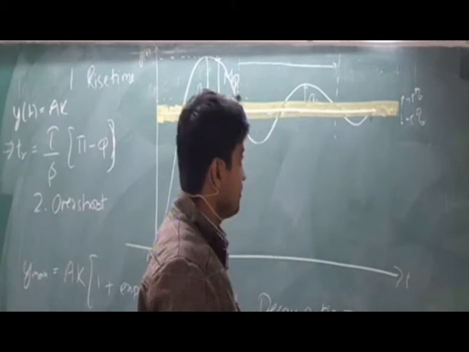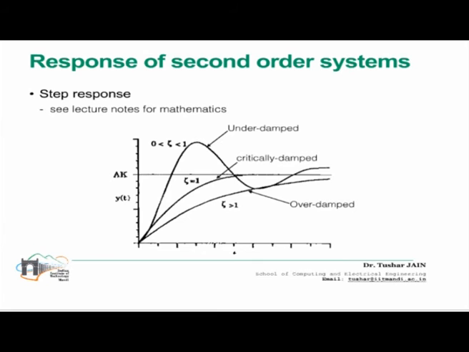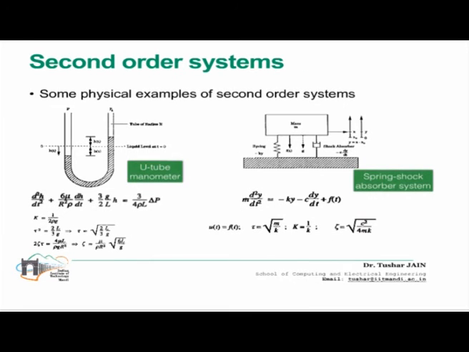Now the questions: can you correlate a real-time situation of a plant to critical damping so that its significance becomes more clear? When you talk about a practical plant, what we want for the critical damping system is that the value of z should be equal to 1.